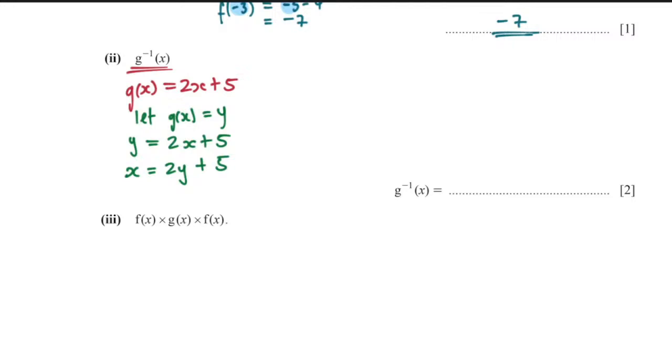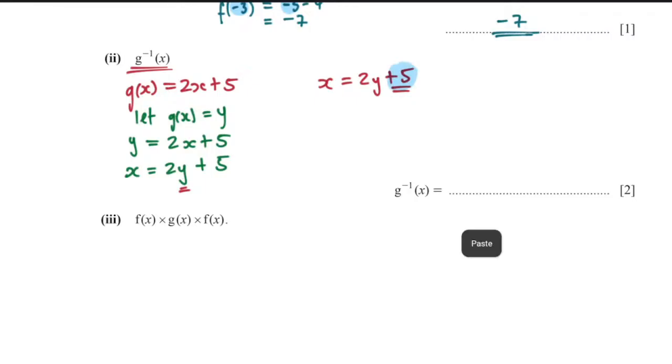Then you have one more step, which is to make y the subject again. So you write x is equal to 2y plus 5. We start by taking 5. It is further from y. We don't start with 2. We want to make y the subject, which means we want to remove everything that's not y.